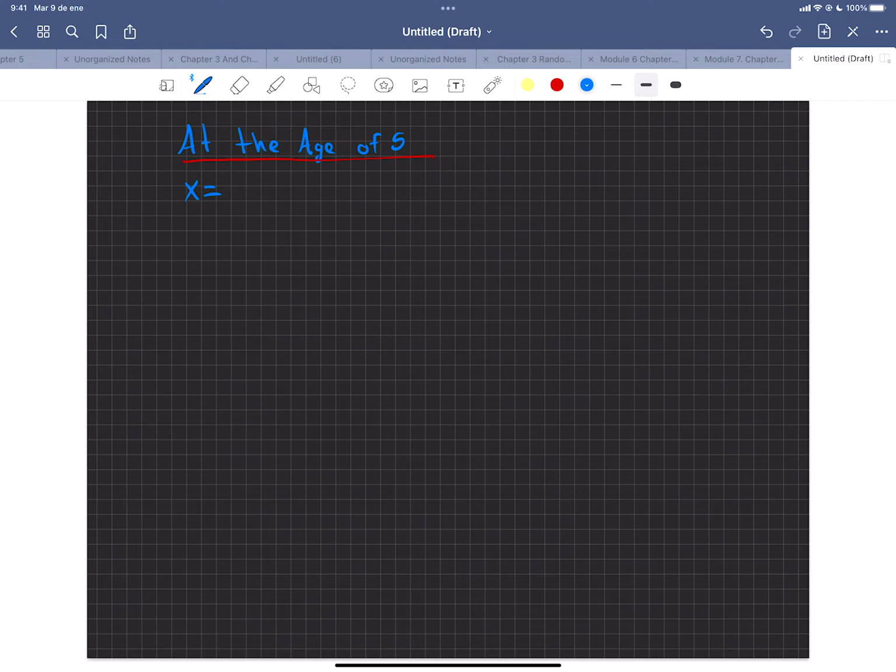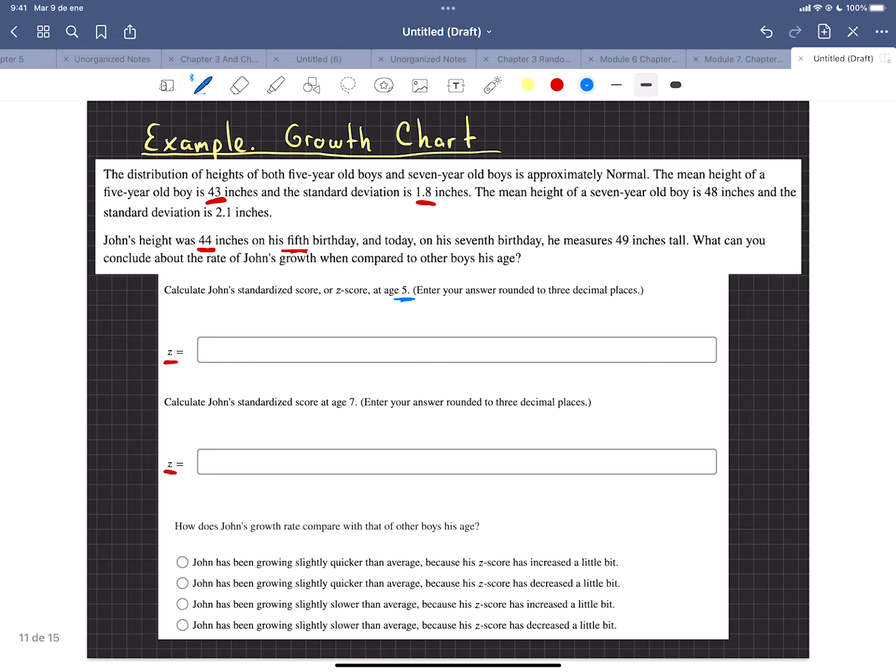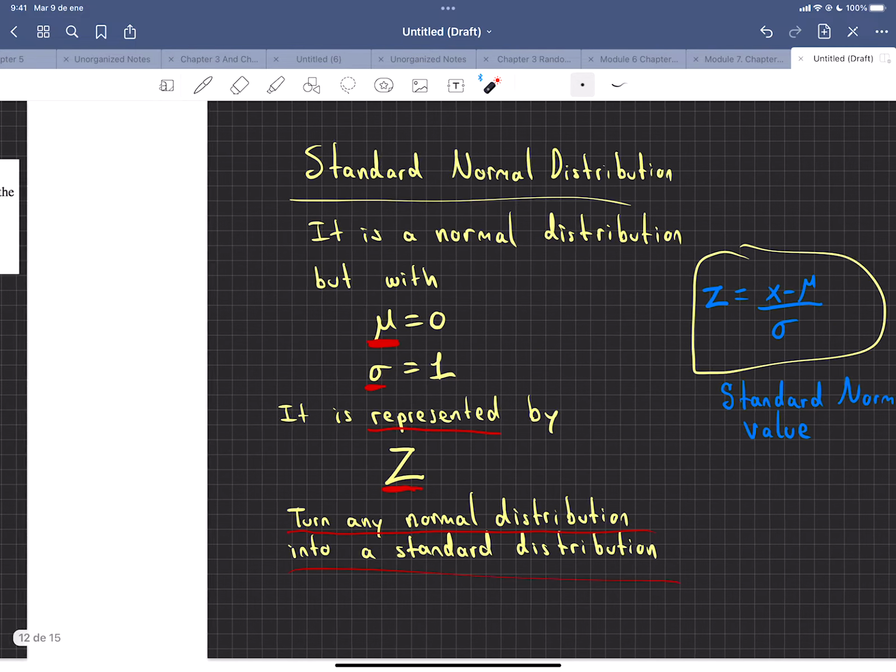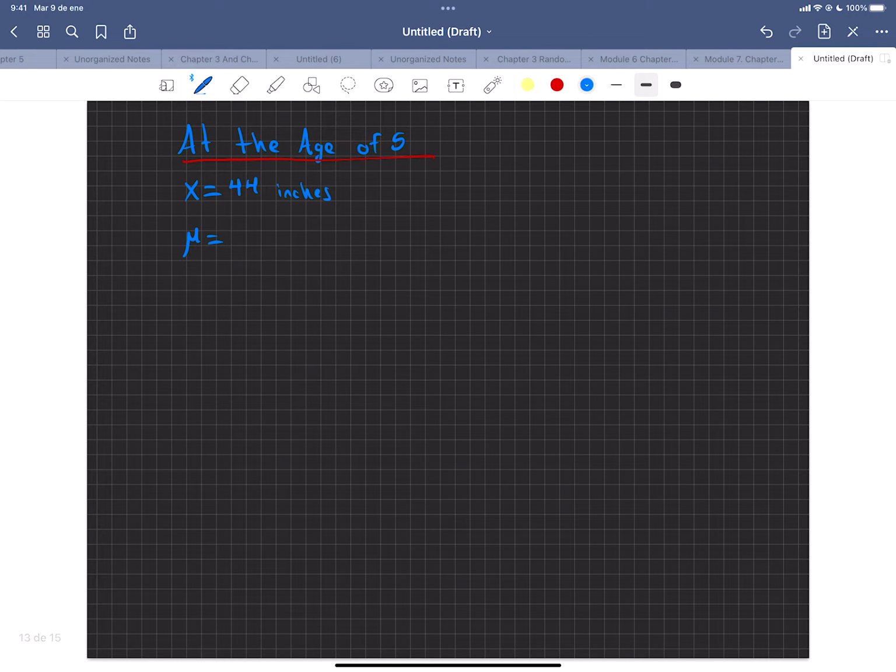So x equal to 44 inches. The mean for 5-year-old boys is 43 and the standard deviation is 1.8.